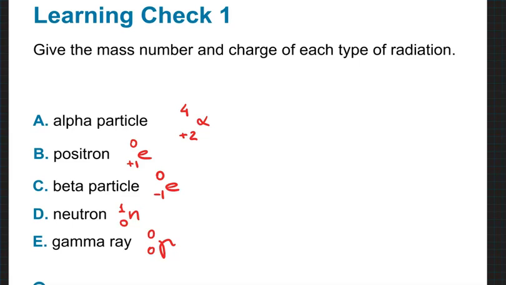Now you may wonder why we have neutrons in this list, right? Turns out that during a nuclear chain reaction, the one that actually results in an atomic explosion, for example, neutrons are emitted out of the nuclei when nuclei break down.